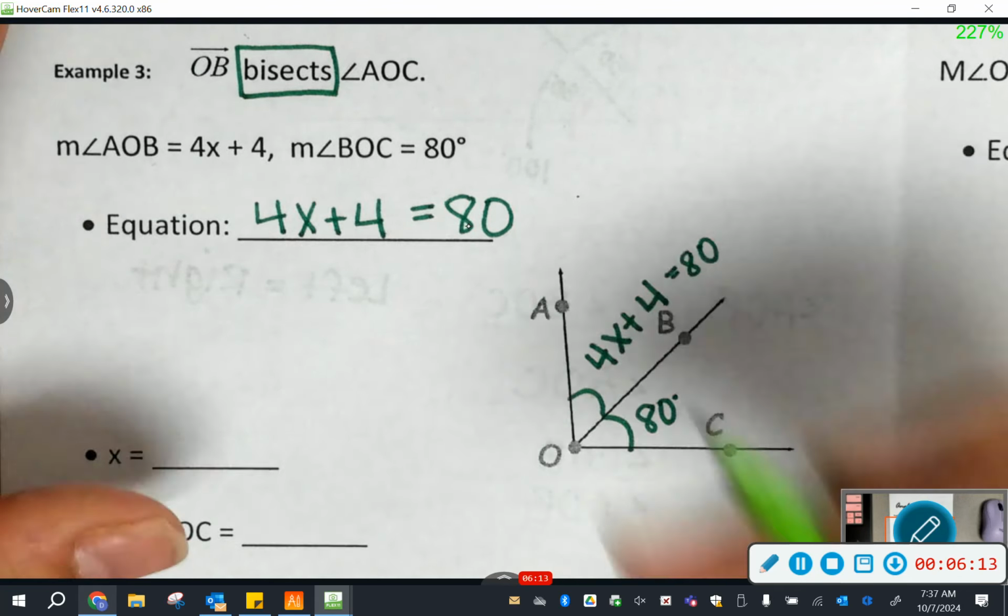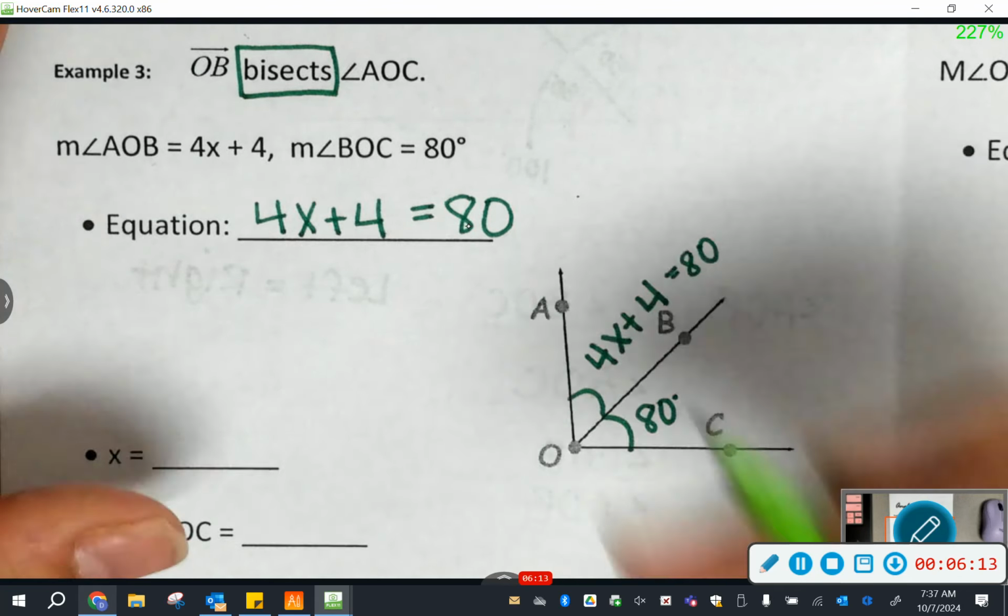I'm going to draw my line and get rid of my side check. I'm going to minus 4. What you do to one side, you do to the other. And that's going to leave me 4x equals 76.